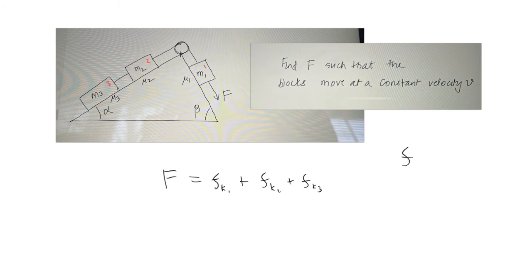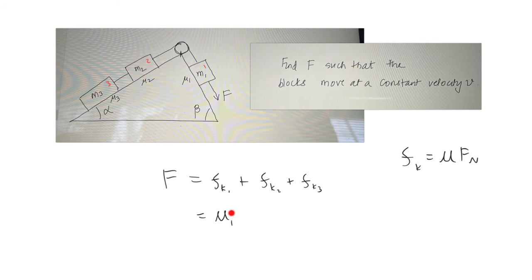Now, kinetic friction is mu times the normal force. So the first kinetic friction would be mu1, because that's given right here. I'm assuming that's due to the fact that the surfaces under the boxes are a little bit different, I guess.